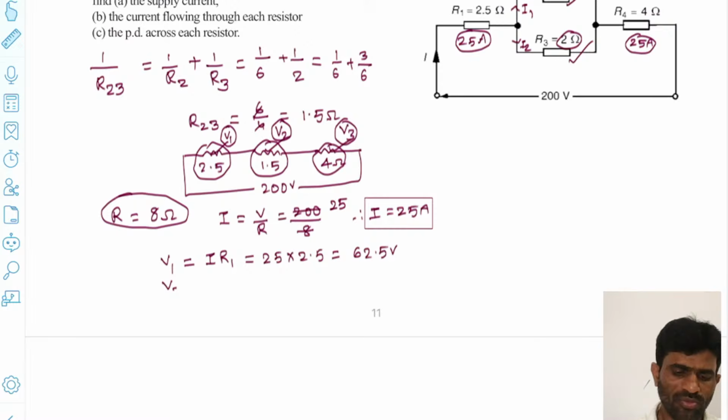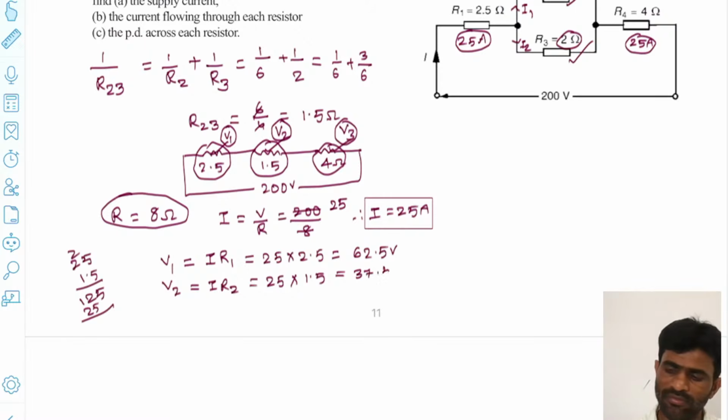Similarly, V2 is equal to I into R2, 25 into 1.5. How much? 5 fives are 25, and 125 and 25, that is 37.5 volts.